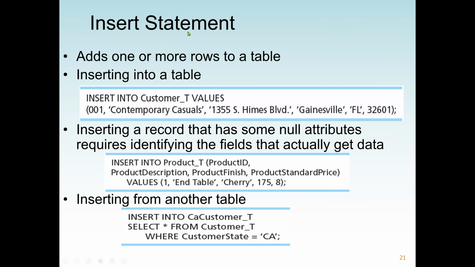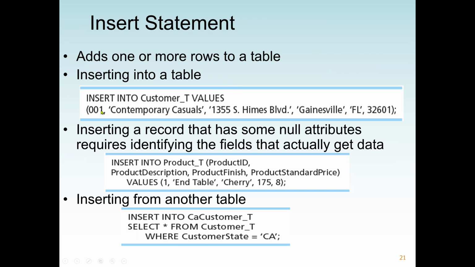We also have the insert statement, which we can use to add one or more rows to a table. Inserting into a table will be insert into customer T values. And then what are we inserting?